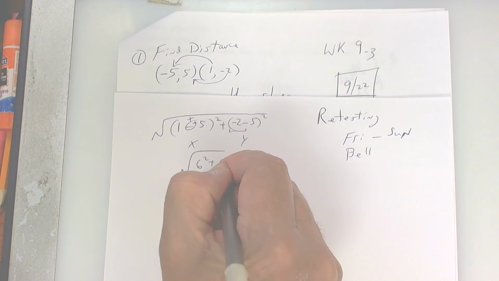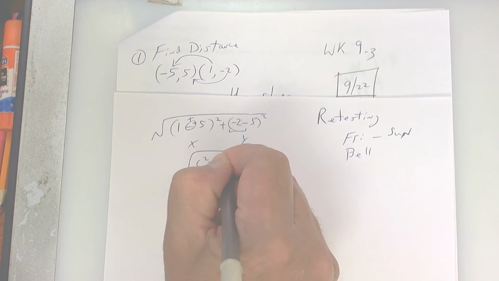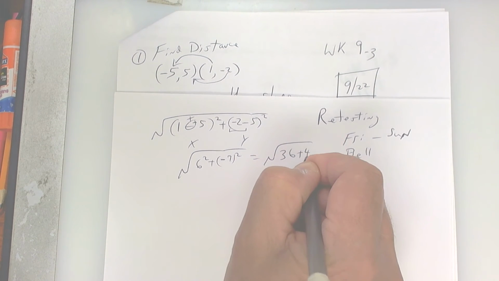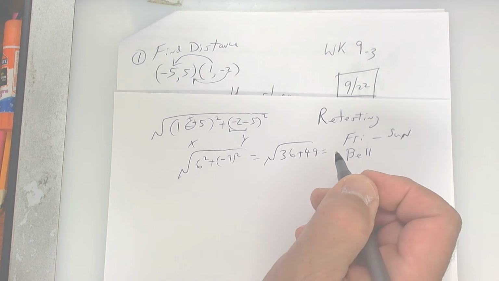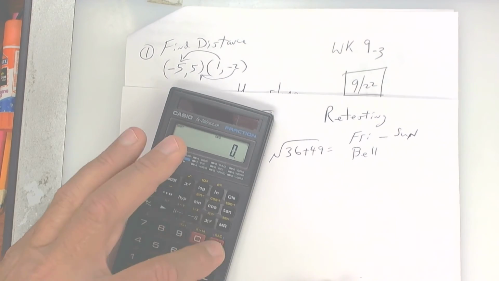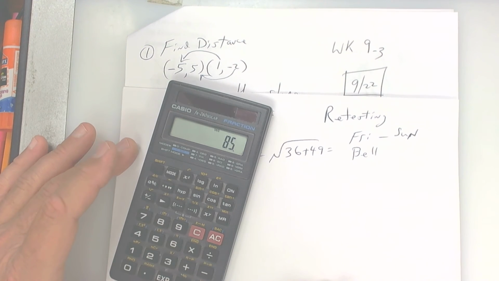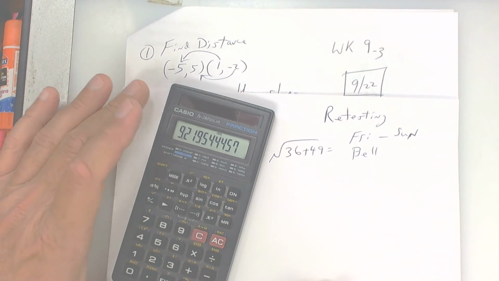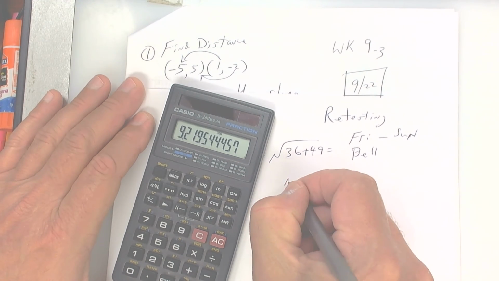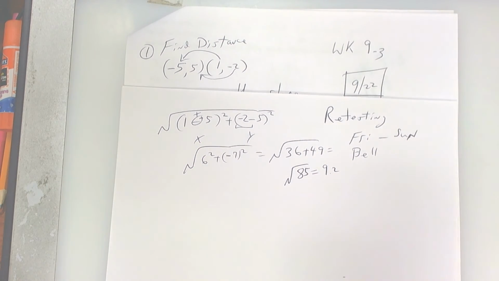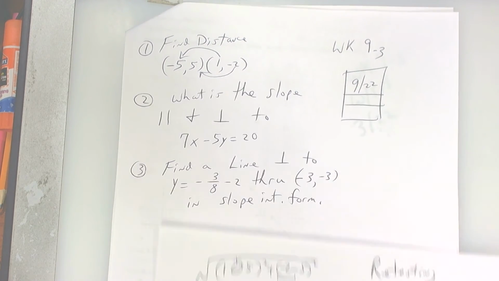This gives you a negative 7 squared. So that gives you 36 plus 49. And when you add that up, you get the square root of 85. So shift, square root, and you get 9.2. Okay, that's part of what you're doing today is the distance formula.